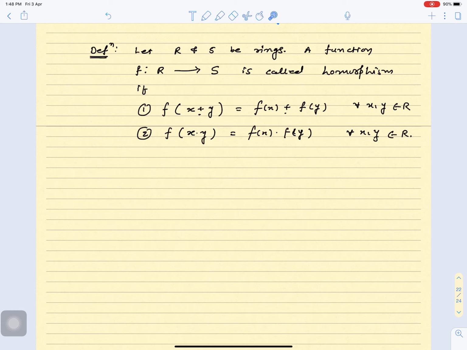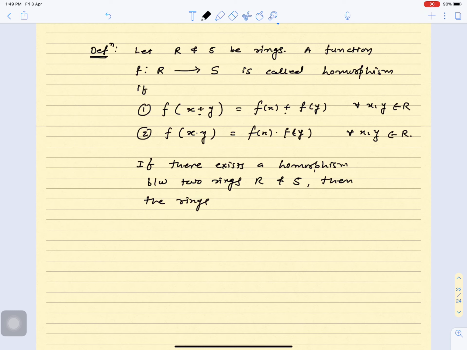Now let me define one more definition. If there exists a homomorphism between two rings R and S, then the rings R and S are called homomorphic rings.